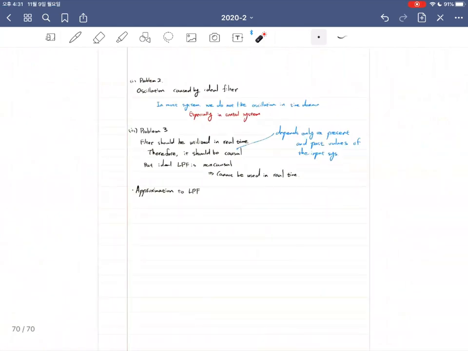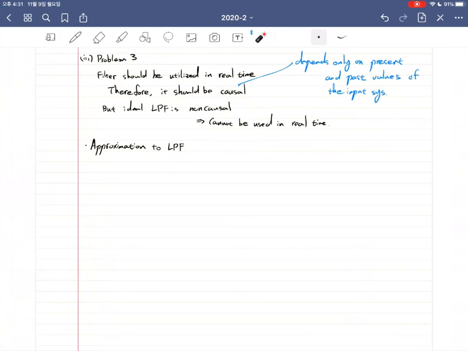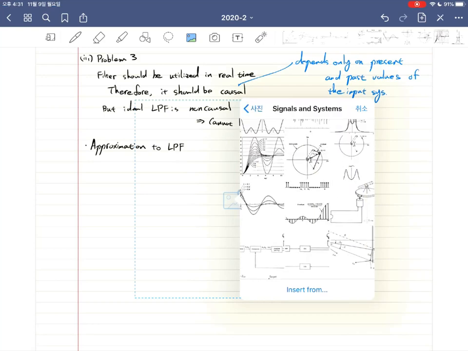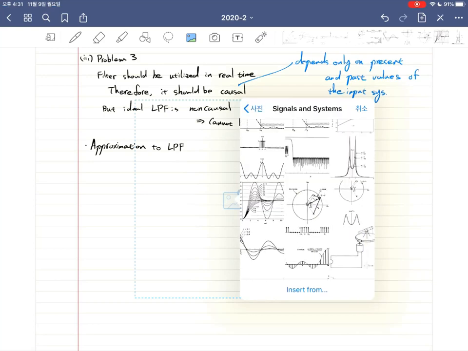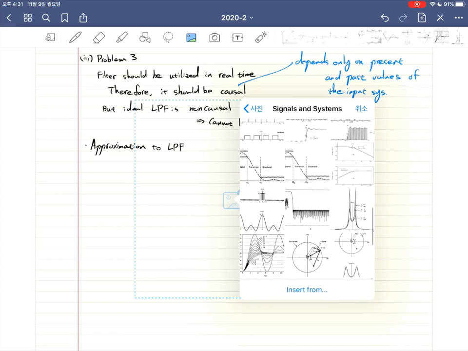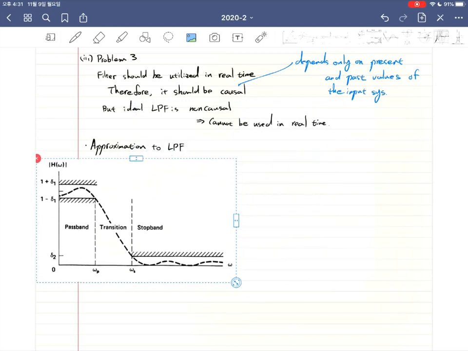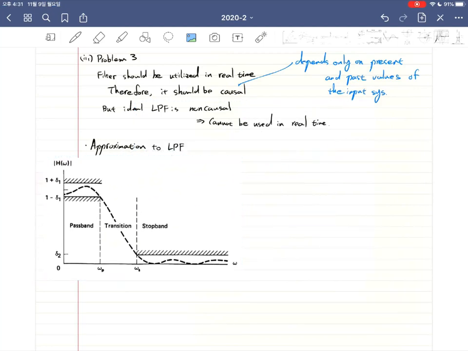So this is the approximated version of LPF.